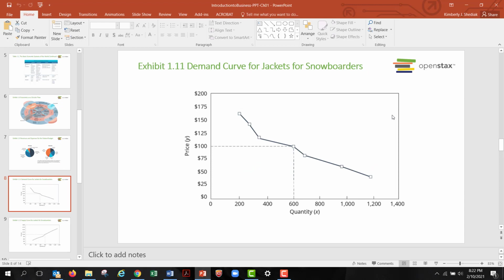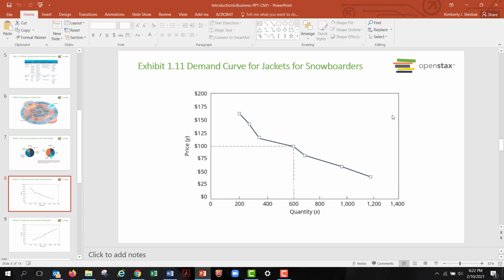When we look at supply and demand, we are really looking at price versus quantity when we think about products or services for businesses. So for example, here we see the demand curve for jackets for snowboarders.